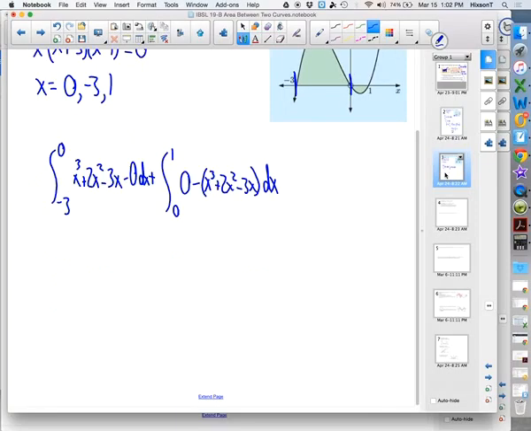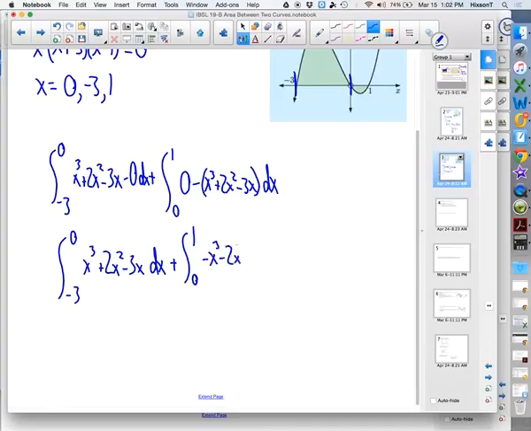So if we were to simplify this here, we have the integral from -3 to 0 of just the x cubed plus 2x squared minus 3x dx. And then 0 minus this. I have now plus the integral from 0 to 1 of -x cubed minus 2x squared plus 3x dx.